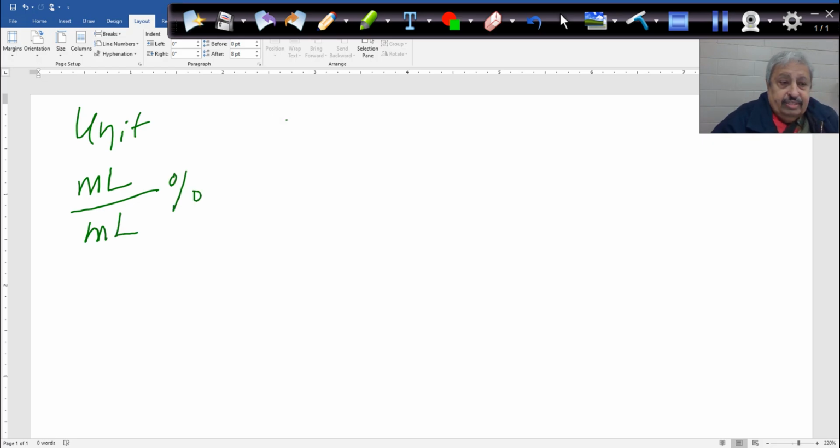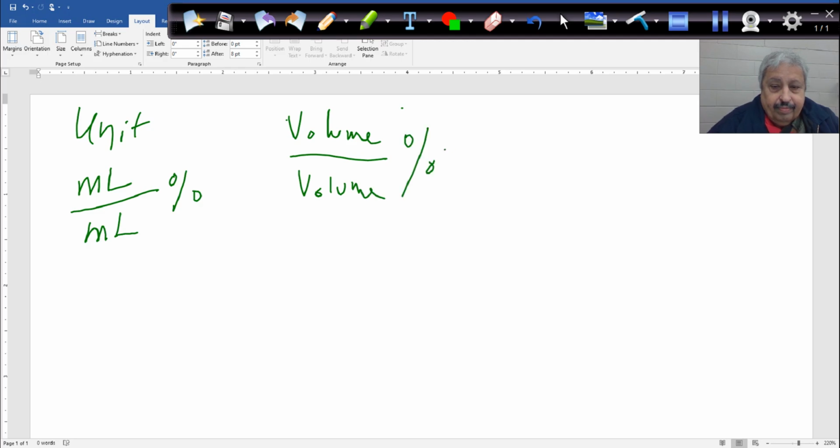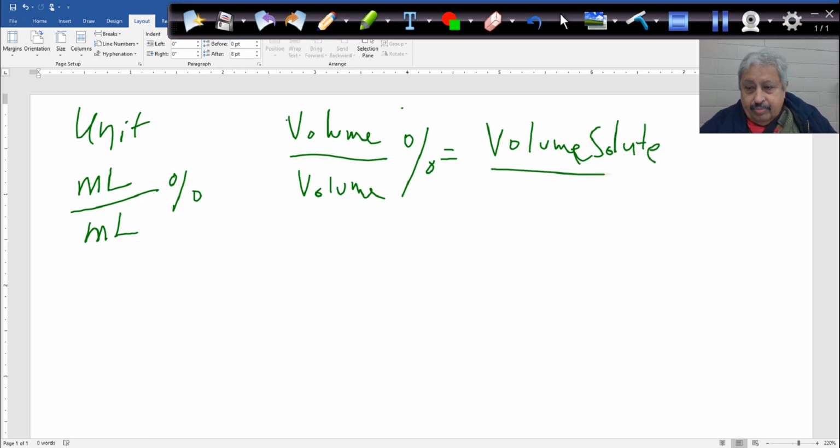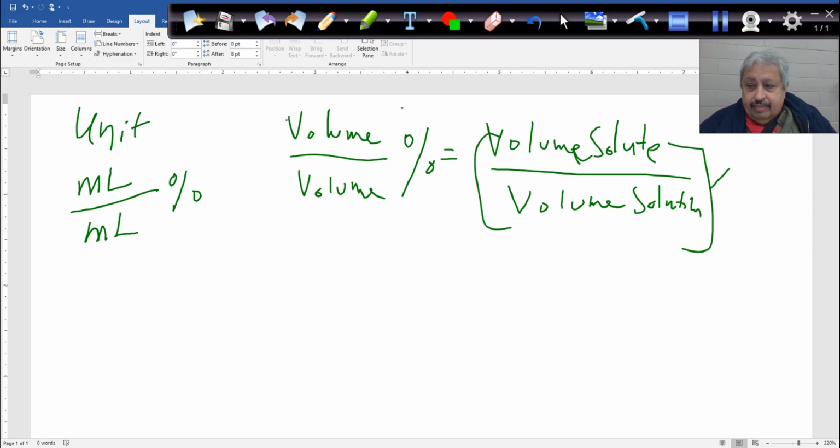So the law is, the formula is volume to volume of the solute, volume of the solution, multiply by 100.